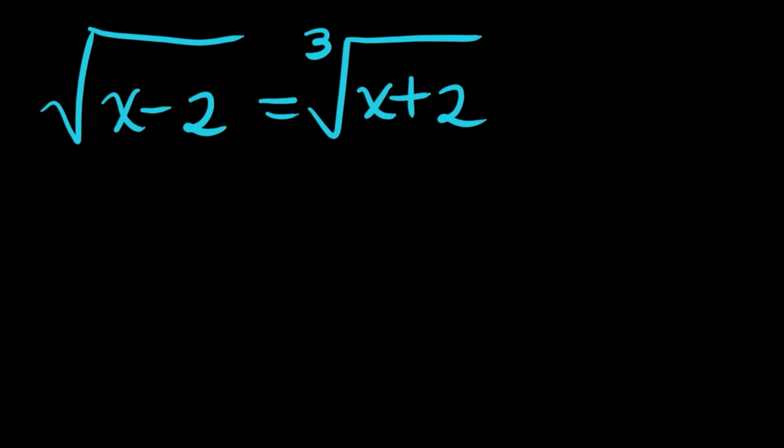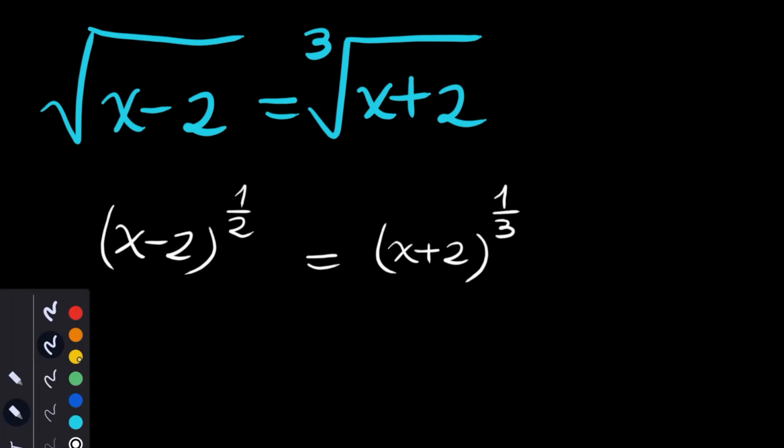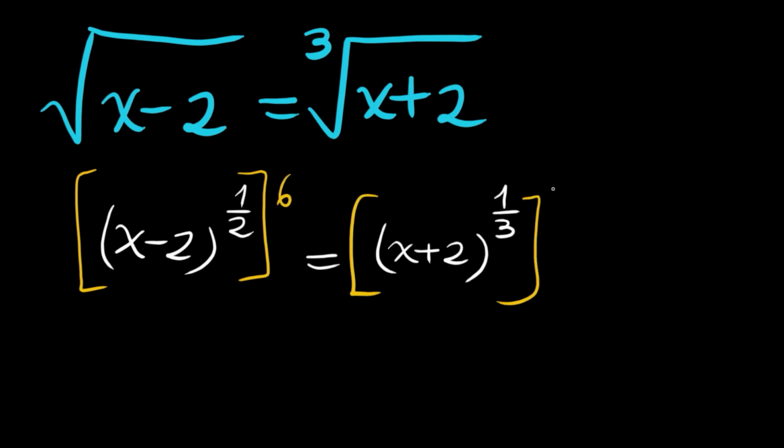make these two similar. Let me write this left hand side as (x minus 2) to the power of 1/2, and let me write the right hand side as (x plus 2) to the power of 1/3. Then let's just take 6th powers of two sides to get rid of these fractions here.